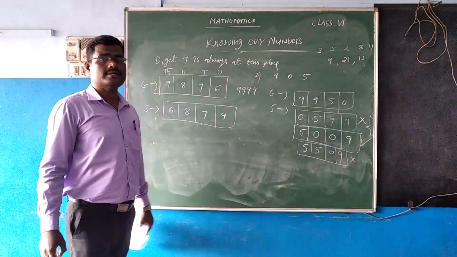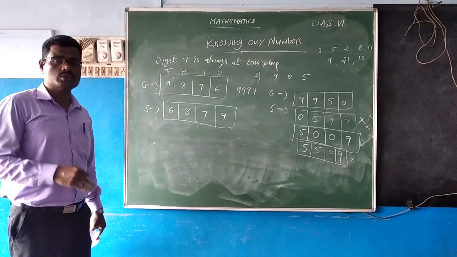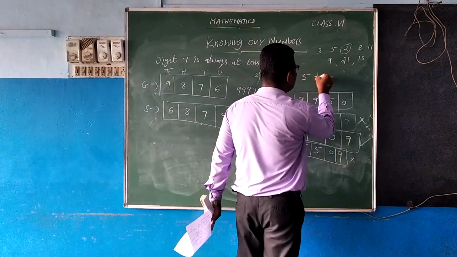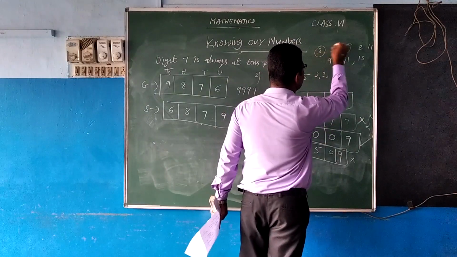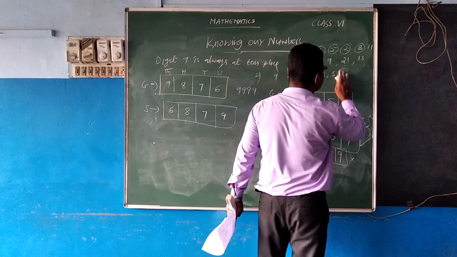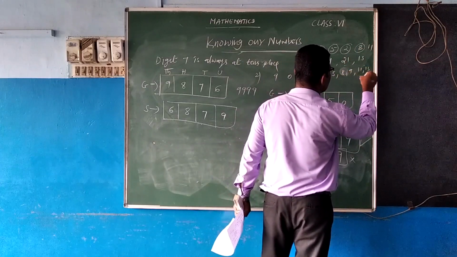Arrange the numbers in ascending order. Ascending order means smallest to highest: 2, 3, 5, 8, 9, 11, 13, 21.